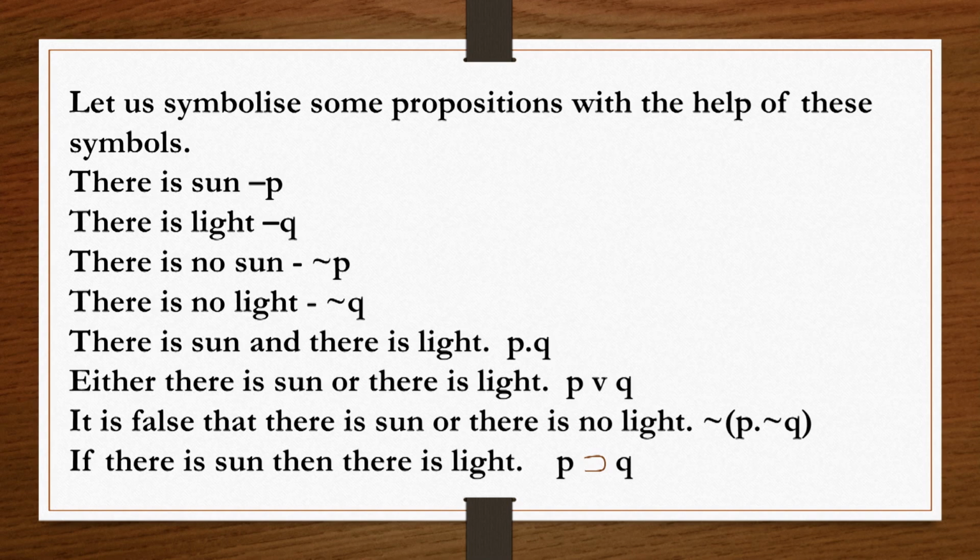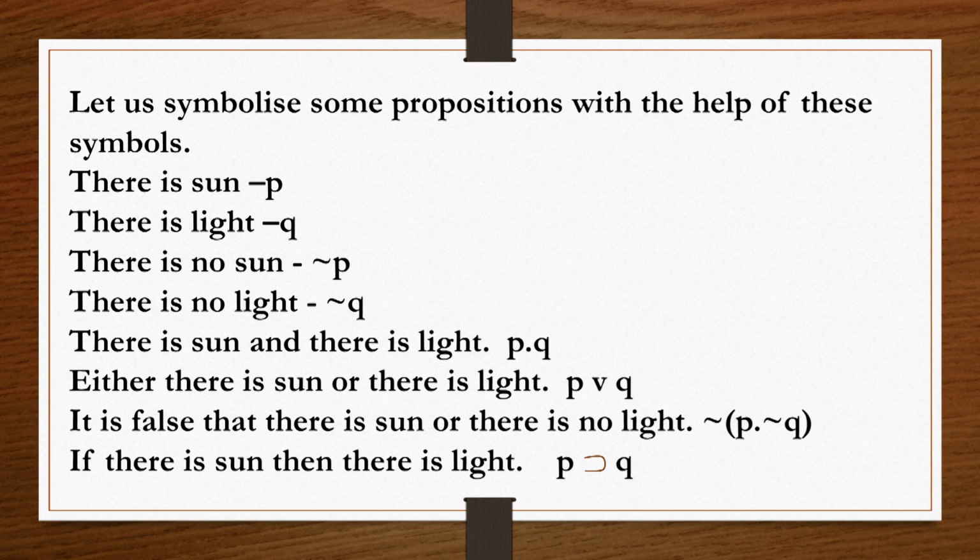Either there is sun or there is light. For either or you use the V sign, so it will be p or q. Then: it is false that there is sun or there is no light. For it is false we put not.